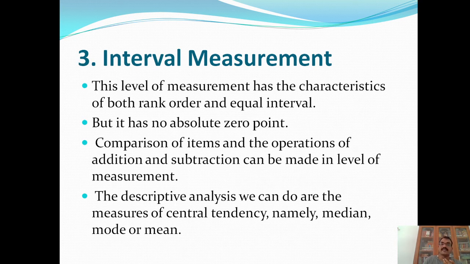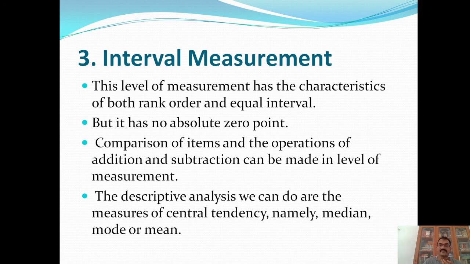Interval measurement. This level of measurement has the characteristics of both rank order and equal interval. But it has no absolute 0 point. That is one of the important limitations of interval scale.